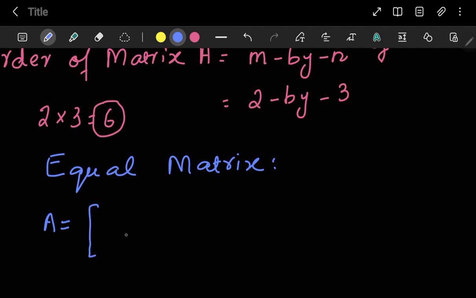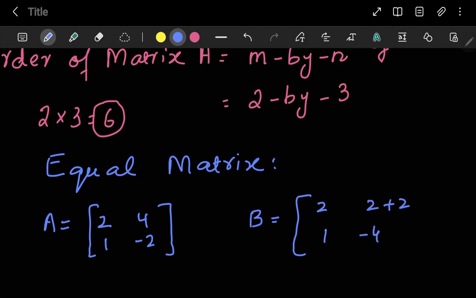Matrix A has numbers, for example 2, 4 and 1, minus 2, and the matrix B has 2, 1, 2 plus 2, minus 4 plus 2.